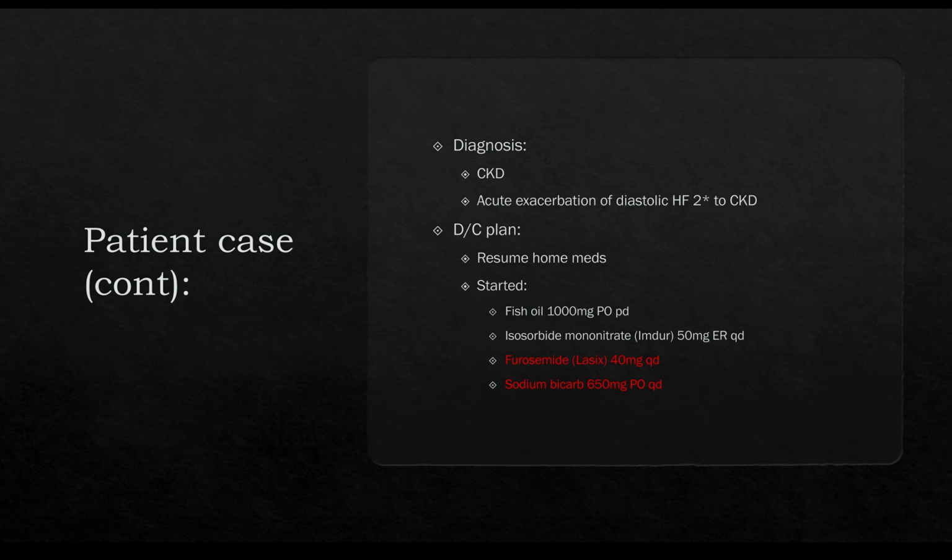For discharge planning, they resumed her home meds and started fish oil 1 gram oral daily, Imdur 50 milligram ER oral daily, Lasix 40 milligram daily, and sodium bicarb 650 milligram oral daily.